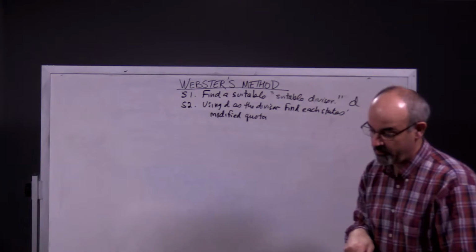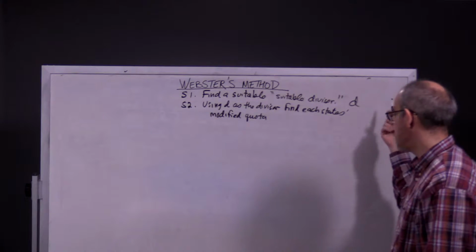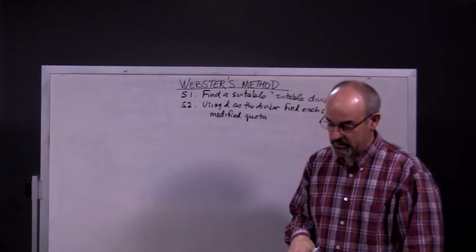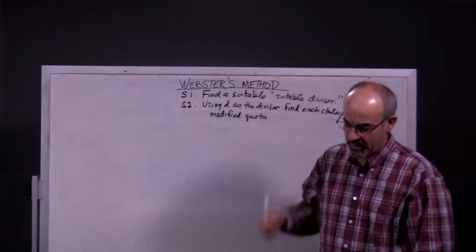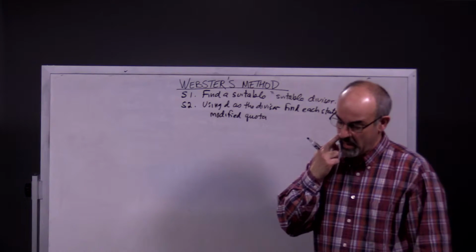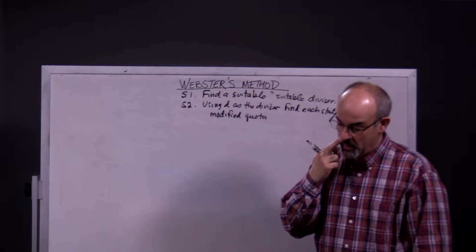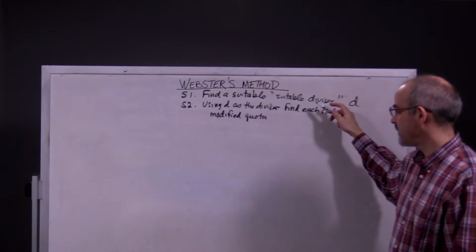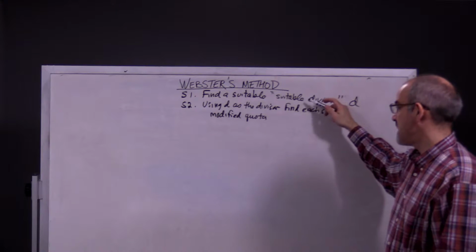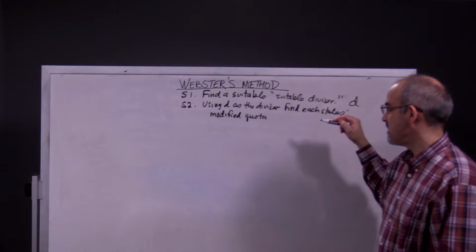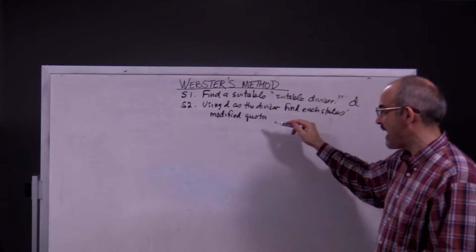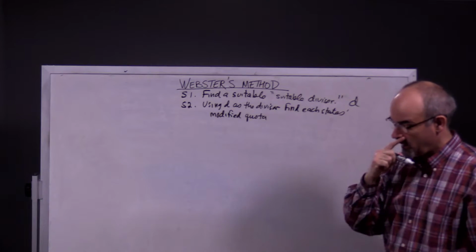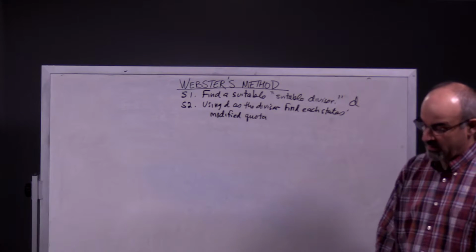I guess that's right. They have the E apostrophe S. I'm not an English major, but I think it's right, because you're finding each state's quota. Just like when you're using the standard divisor, the modified quota is just each state's population divided by D. That's going to give you the modified quota.